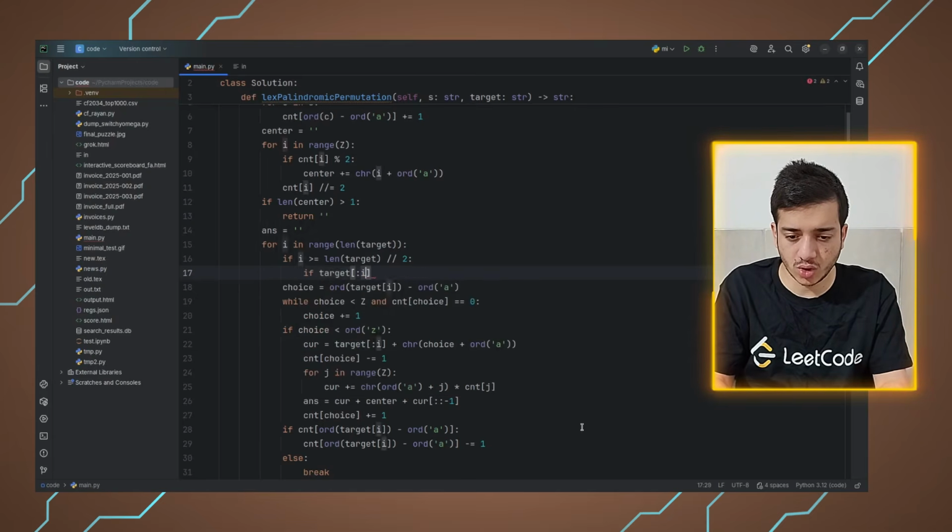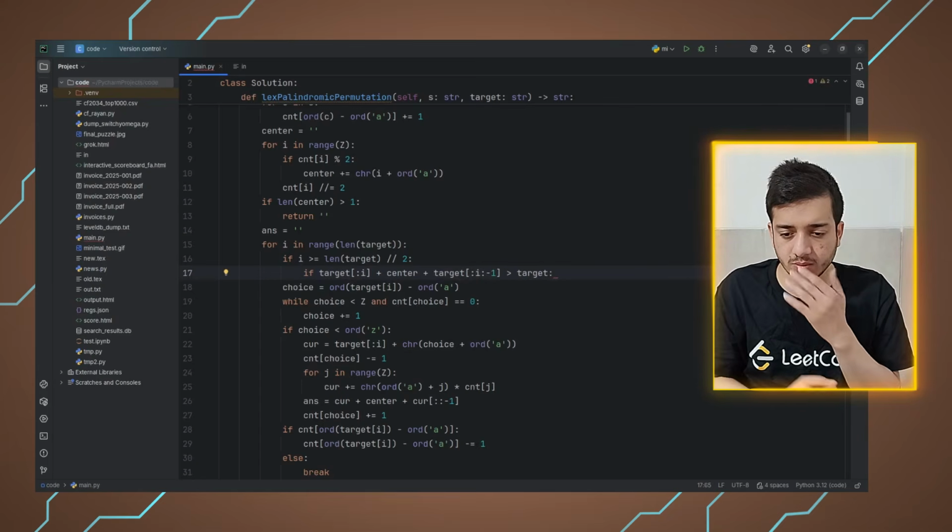Target to I plus center plus target to I step minus 1, like the reversed one I mean.